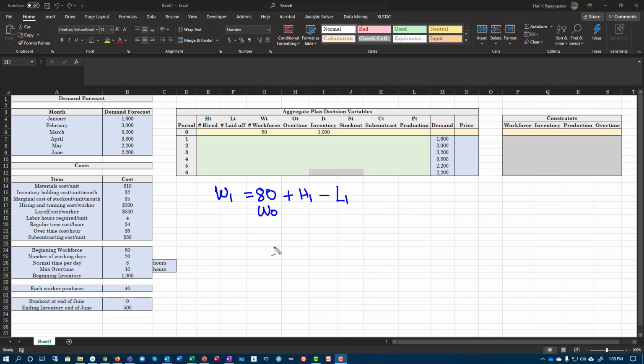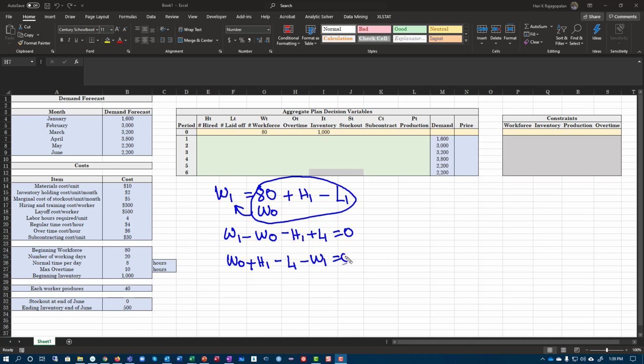If you want to rearrange this, we could have W1 minus W0 minus H1 plus L1 is equal to 0, bringing this whole part to the right-hand side. Or we can do W0 plus H1 minus L1 minus W1 is equal to 0.